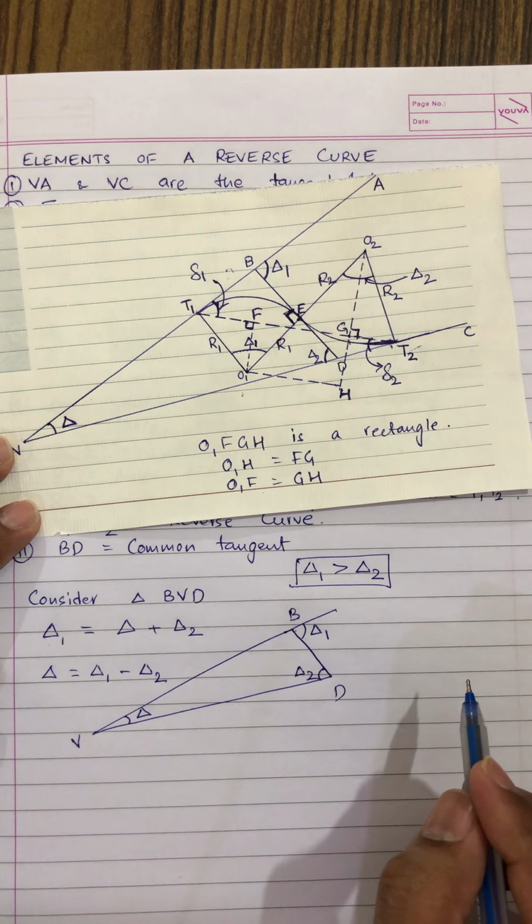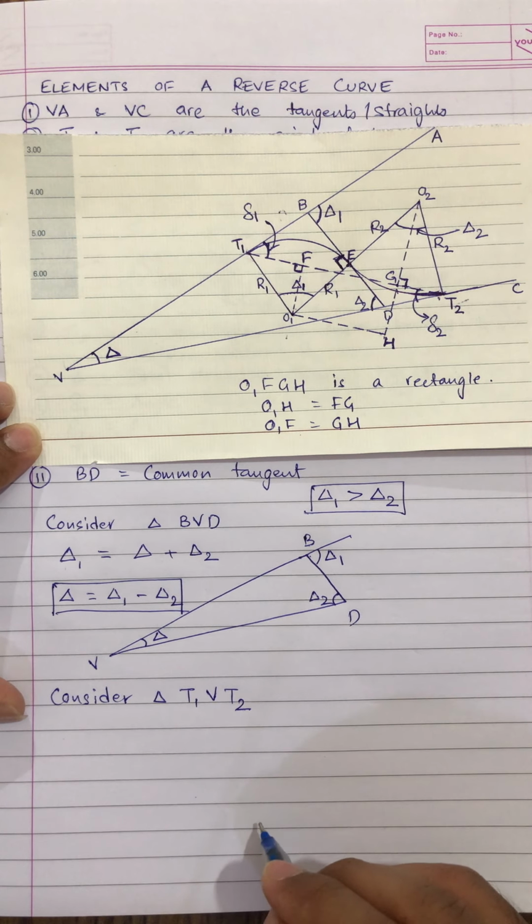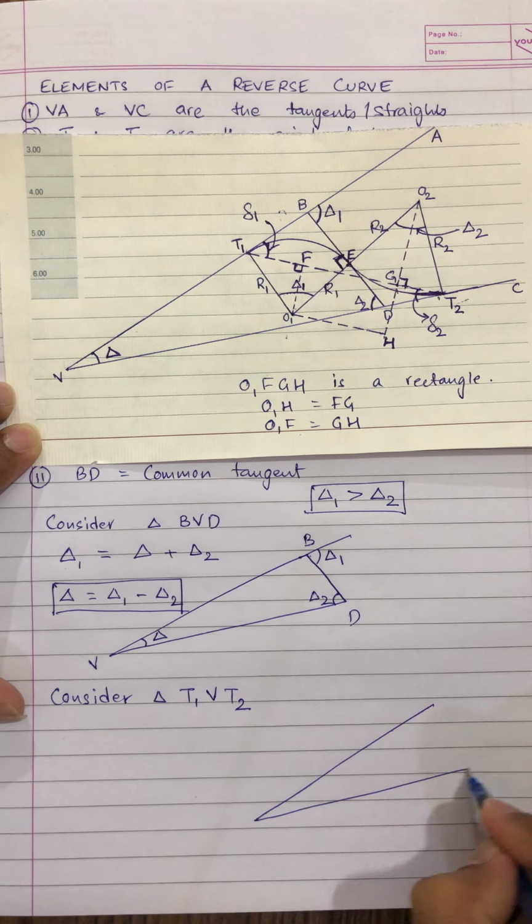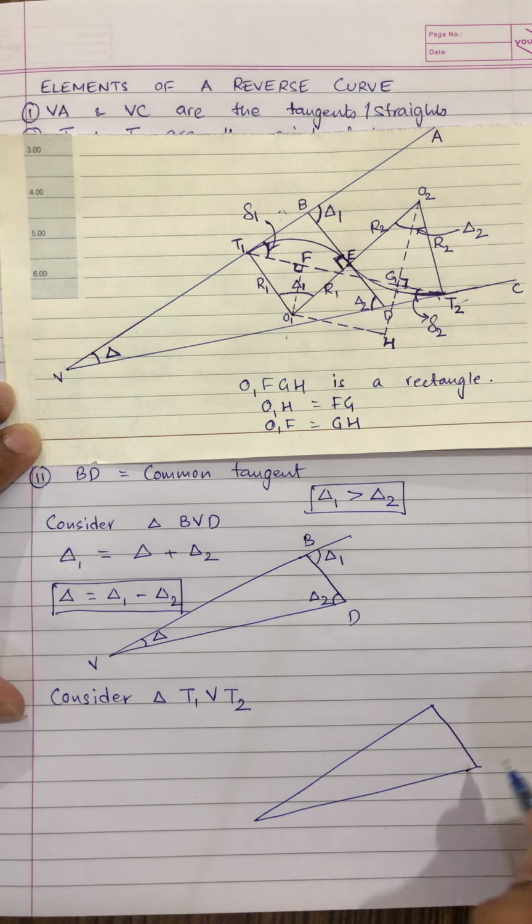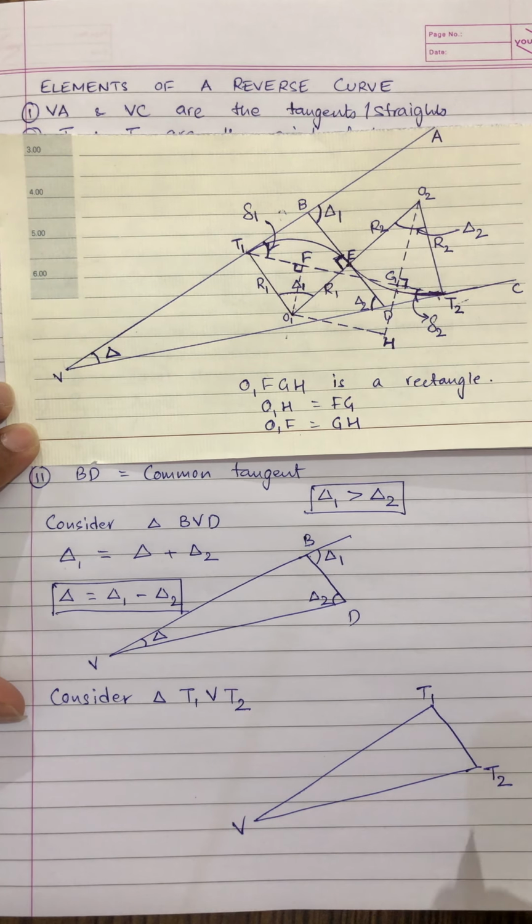Now suppose we consider the triangle T1 V T2. Again it will be somewhat like this. This is T1, this is V, and this is T2.